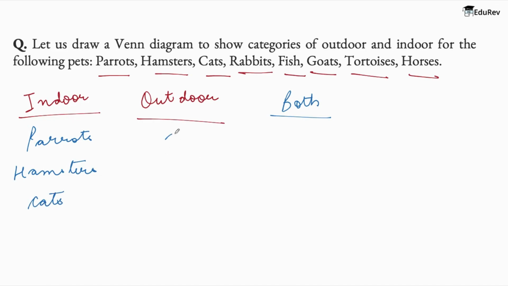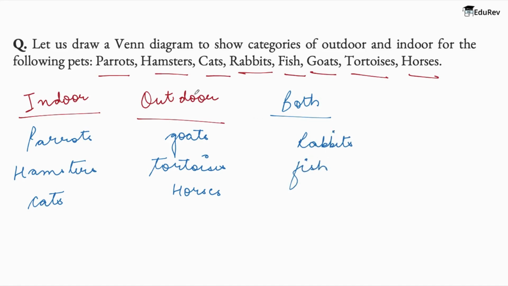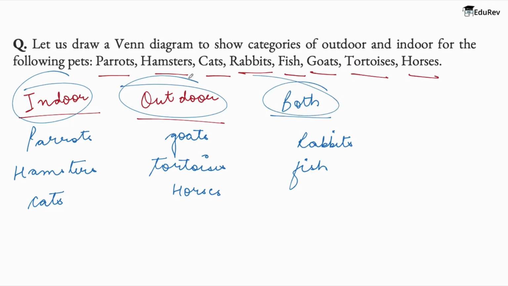For your outdoor, I can say that goats are outdoor, then your tortoise are outdoor, then horses are also outdoor, and in both I can say we have rabbits and we have fish. So we basically have pets that are indoor ones, the ones that are outdoor, and the ones that belong to both the sets, that is indoor and outdoor.